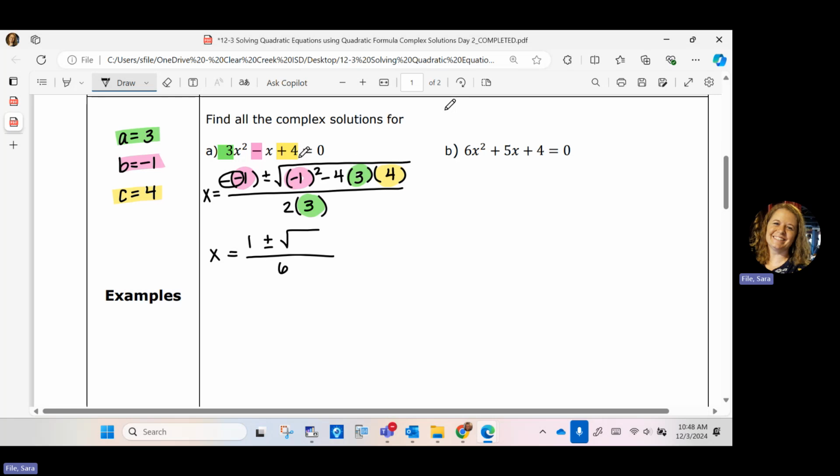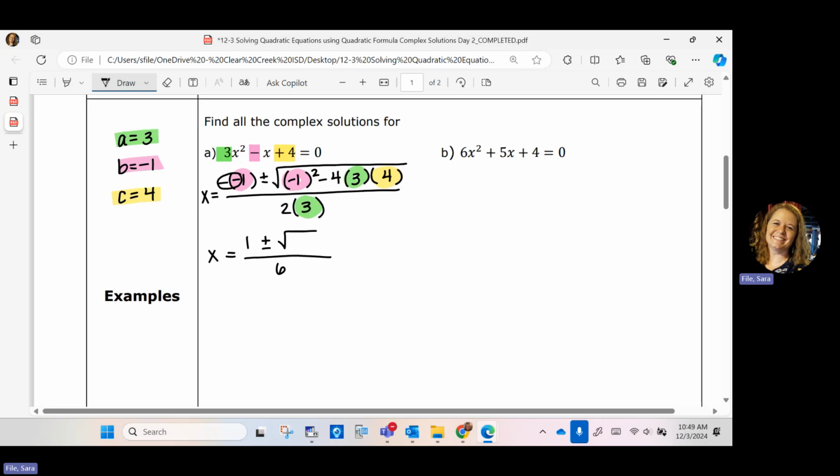I can type what's underneath there all in Desmos. Make sure you use those parentheses like we talked about yesterday, because (-1) squared is +1, and if you don't type those parentheses, it's going to do -1. So careful. That's 1 minus 4 times 3 is 12, 12 times 4, 48. So 1 minus 48, so this is -47.